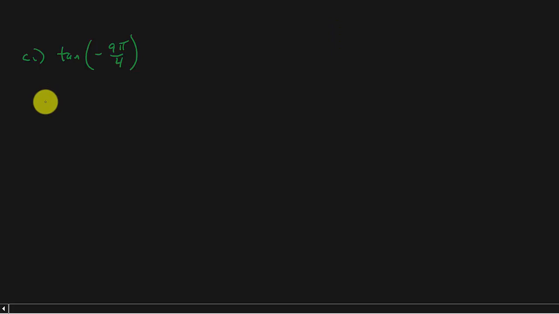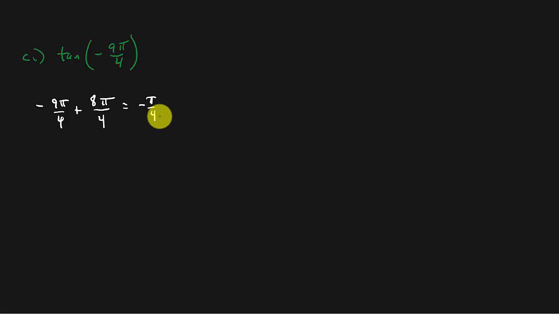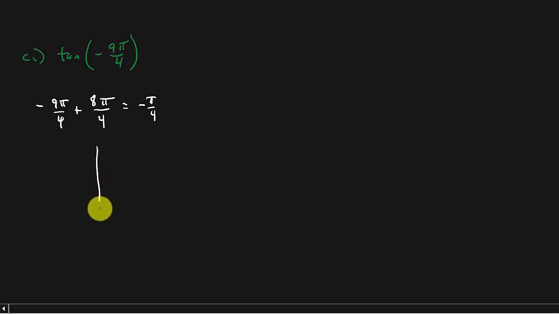If I do negative 9 pi over 4 plus 2 pi, with a common denominator of 4, 2 pi changes to 8 pi over 4, so that's negative pi over 4. Well, we're not between 0 and 2 pi right now, are we? No, but let's use some common sense here. I'm at negative pi over 4.